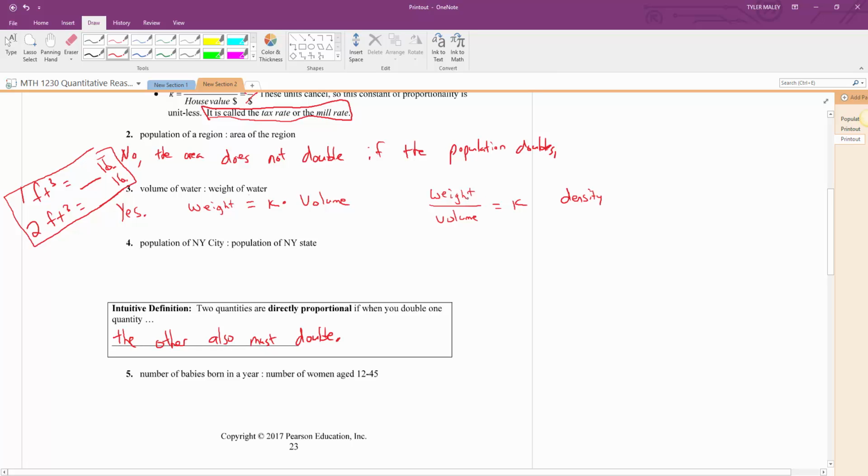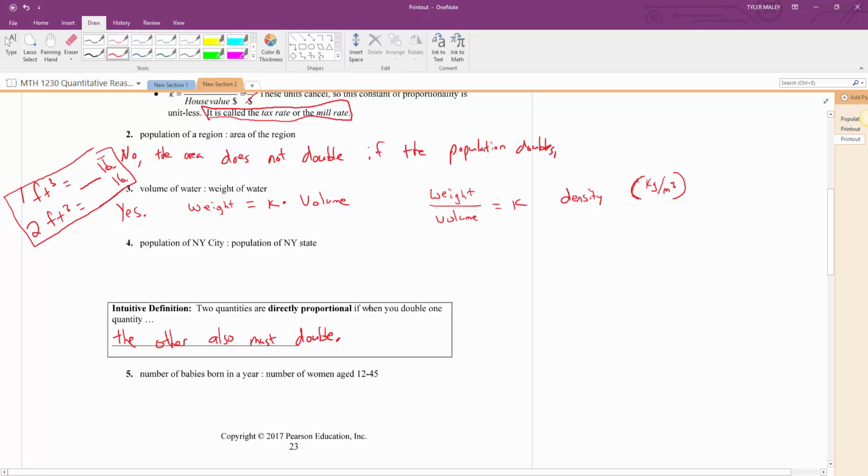So density is comparing weight to volume. And typically the units that we would use here are kilograms per meter cubed. That's a common unit for density, right?